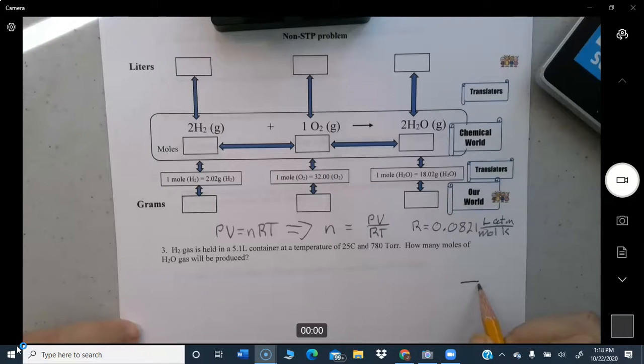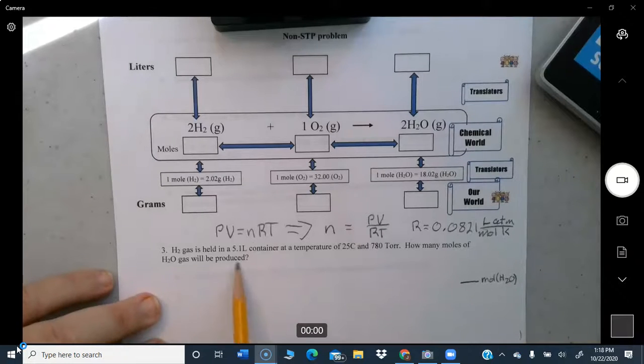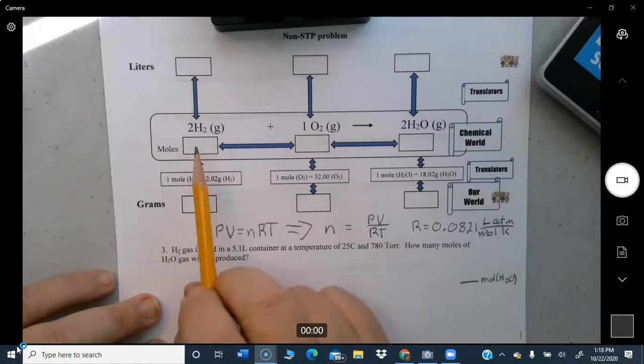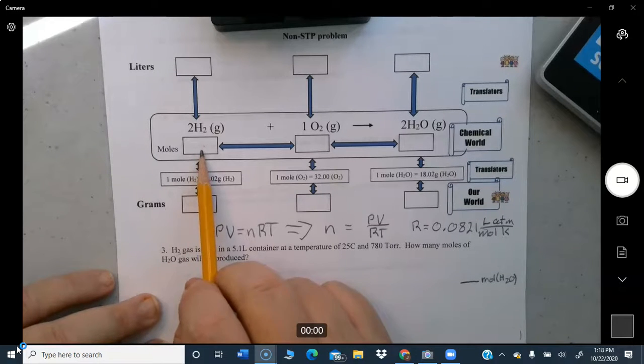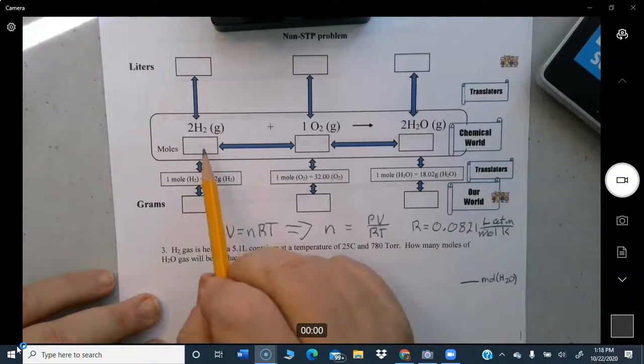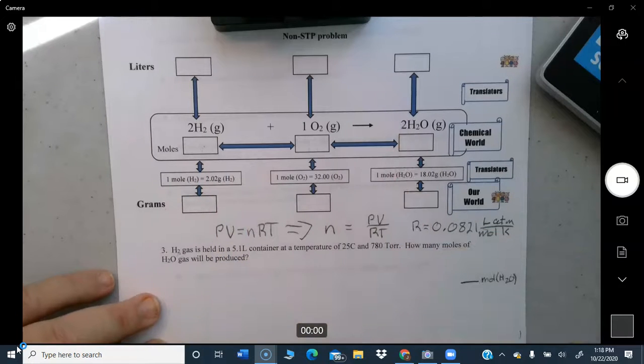And it is asking for moles. So we're going to use this information to figure out how many moles of H2 gas we have, and then that'll put us right here right away. No conversions are needed except those things. And then we just go straight across to H2O and we'll be done because it's asking us for moles.